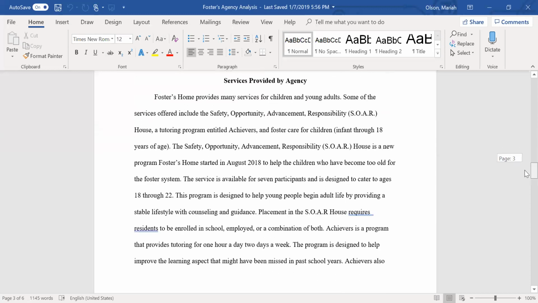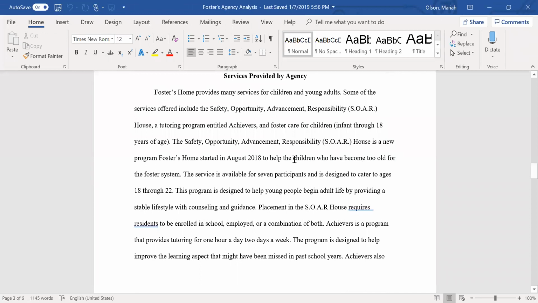So next we go down to the services provided by the agency. You want to go into every single service that is provided by said agency. Start with the first one that you'd like to present, and then basically give an overview of the services you will be presenting about, then talk about each one in specific.